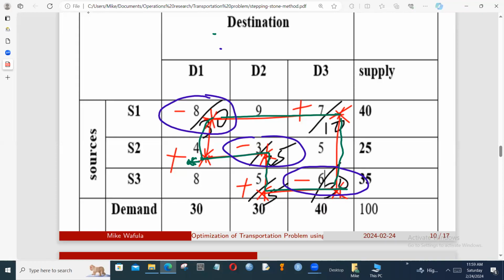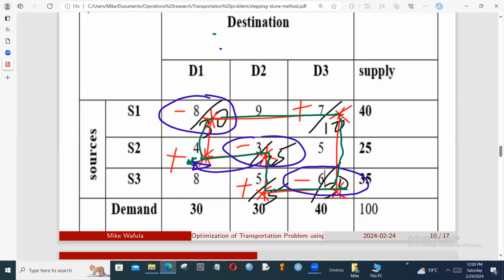And so this 25 becomes the units that must now be shipped from their current cell to this unallocated cell. So we are going to shift this 25 to this particular cell so that cell 2-1 now can have 25 units. But once we do that, we have to do readjustment in other cells.